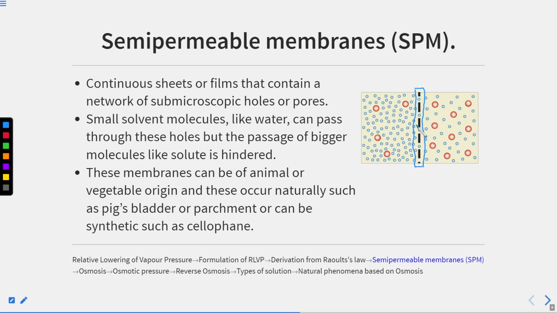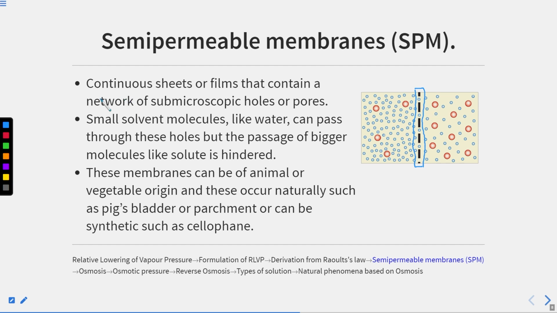It is just a sheet containing a large number of pores which allow only certain particles to pass through. It is a type of sheet having porousness, or holes, through which only particles of certain size can pass.